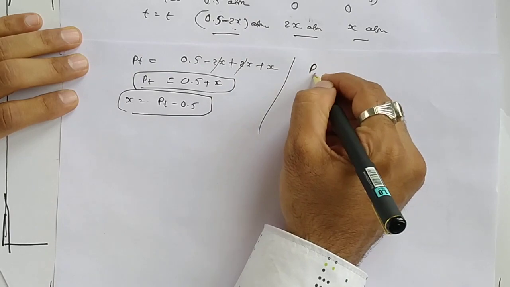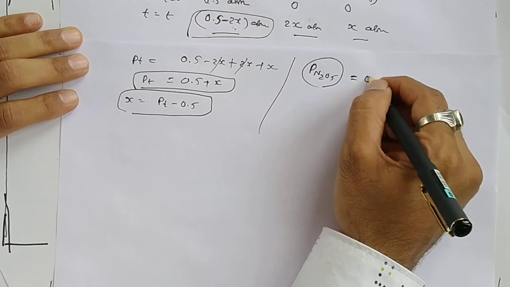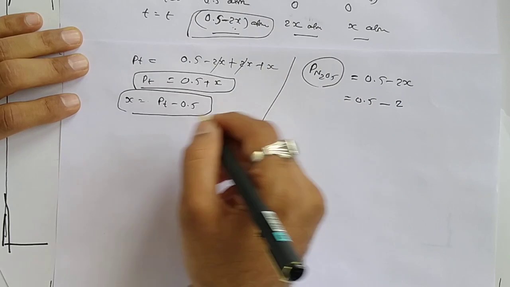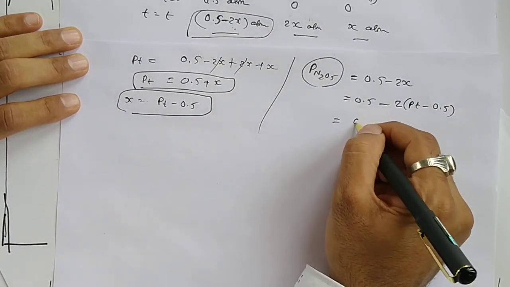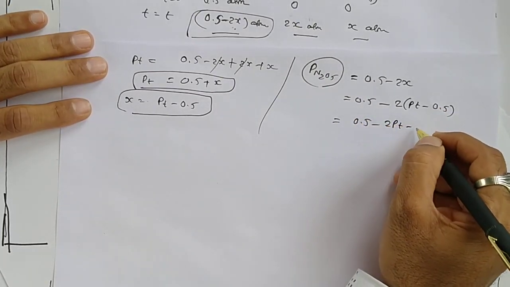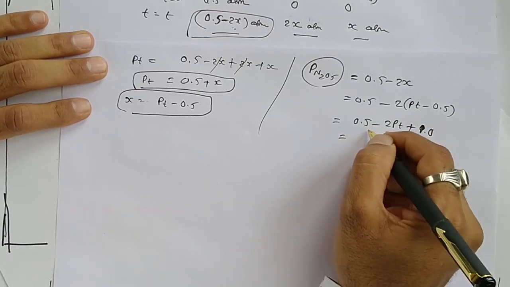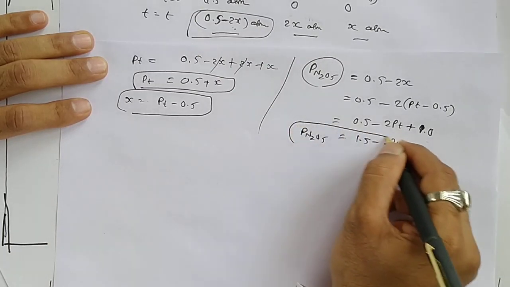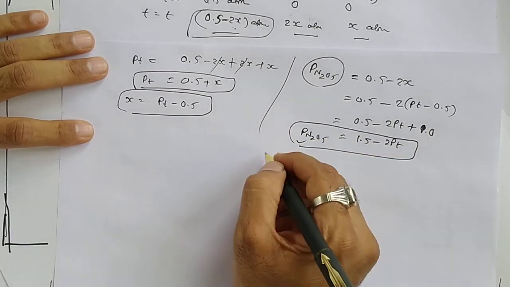So pressure of N2O5 at t time, you can see, 0.5 minus 2x. Put down the value of x: 0.5 minus 2 PT minus 0.5, so 0.5 minus 2 PT plus 1. 1 plus 0.5, 1.5 minus 2 PT is the pressure of N2O5 at time t.